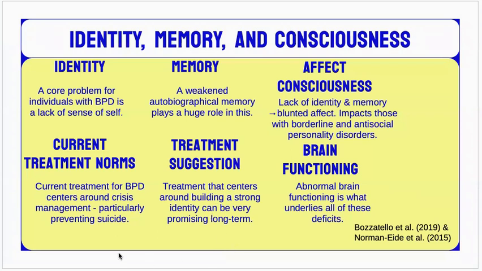This treatment suggestion works with suicide prevention as part of it, but it just shows that we need both the weekly suicide prevention tactic along with building up a person's sense of identity and self-image to see long-term improvement. And I just want to circle back that at the core, abnormal brain functioning and cognitive deficits are at the root of all of these issues, which is why I wanted to present on this topic and relate it back to cognitive neuroscience.